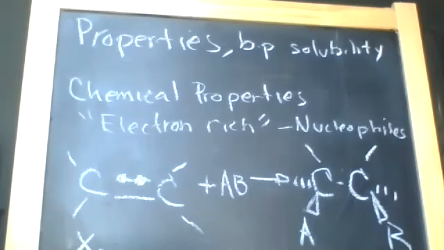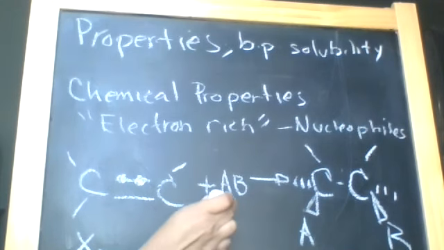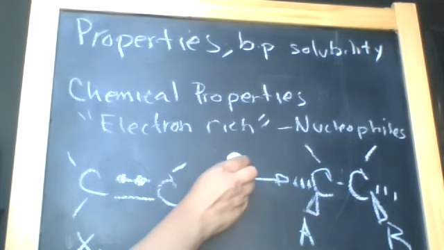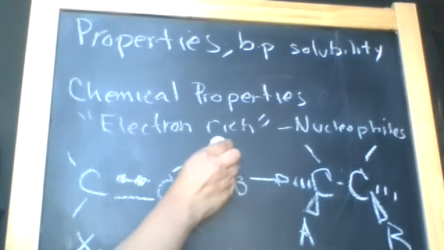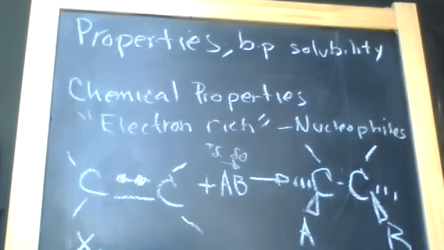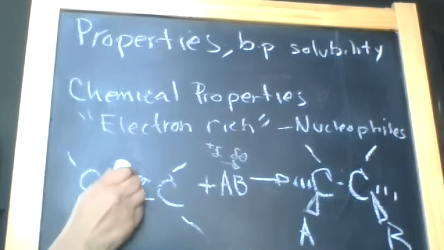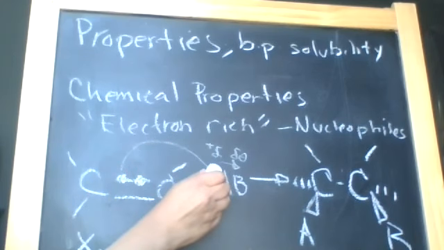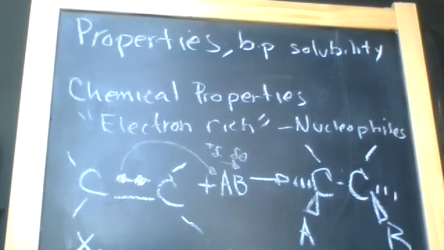They are going to attack electrophiles. In a molecule that is polarized, there's always going to be a partially positive and a partially negative portion. So if this is electron rich, it's going to attack the electron deficient part of the other reagent.